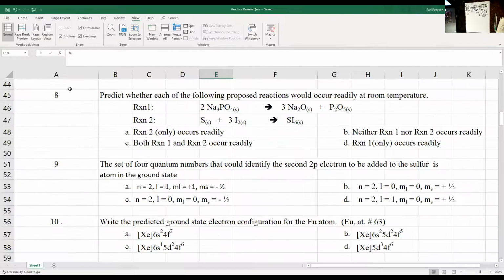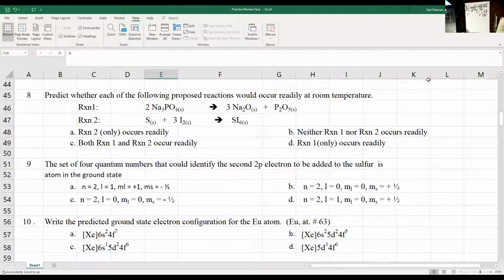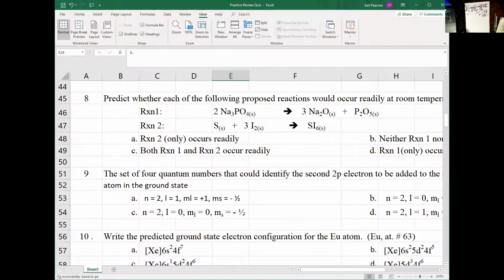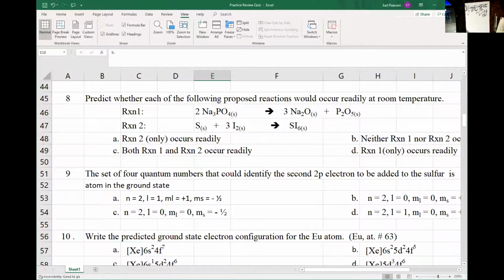All right. Oh, I see something I can do to save us some space. We don't need that much space in that column. Okay, that's going to cover most of it.